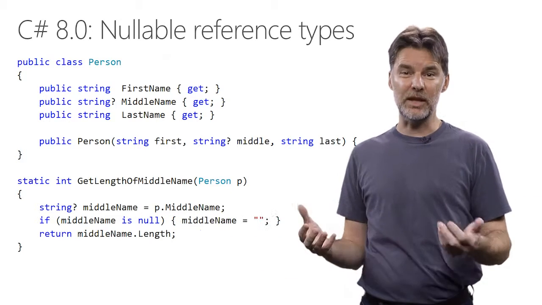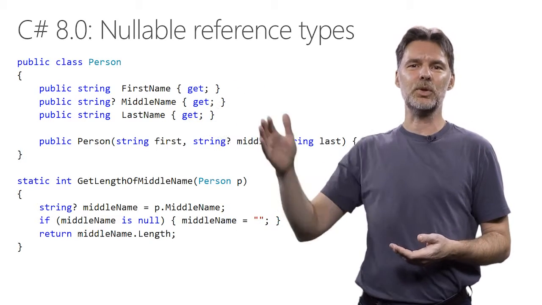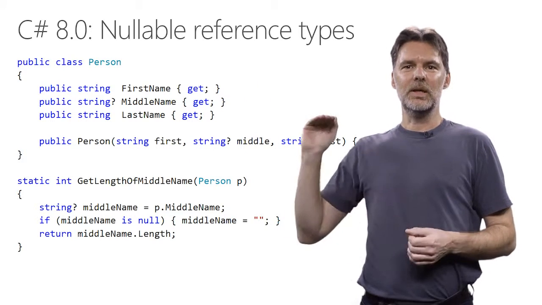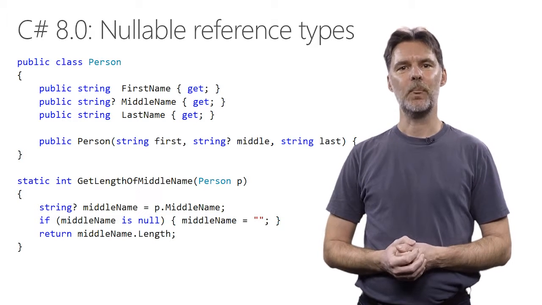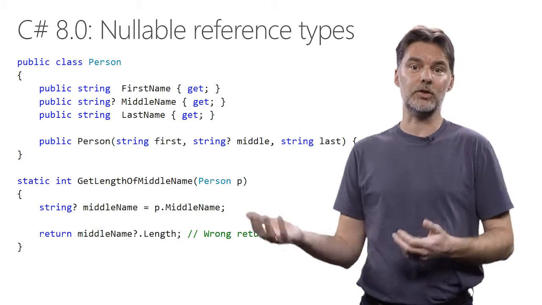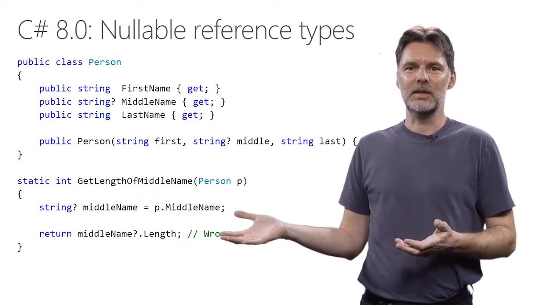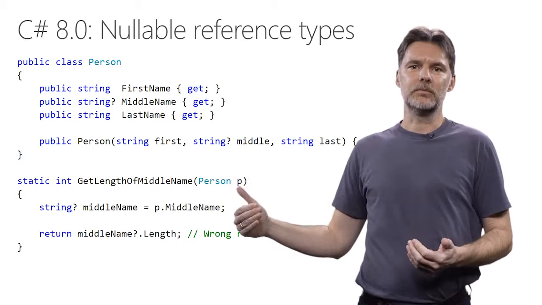Another approach is to assign to the variable. Again, the compiler can see that no matter what path you took to get there, whether you went through the if or around it, at the point where you dereference it, the middle name is no longer going to be null. Yet another approach is to use the null conditional operator question dot. Of course, now we're returning a nullable int, not an int. So there's another bug there, but then we can go fix that.